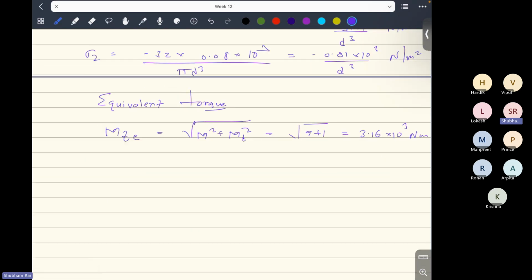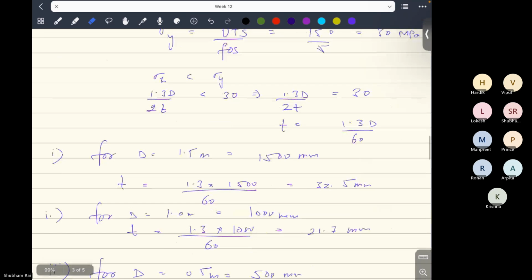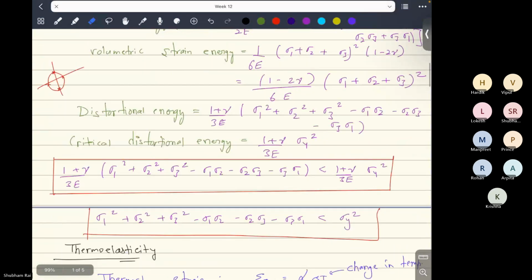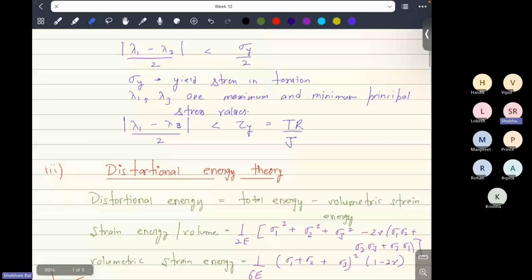So finally, tau max that you will get from this torque formula is 16 MTe by pi d cube, right? Because it is derived from the formula T by J equals tau by R. If you remember the formula of tau max in terms of torque, R will be d by 2, J will be the polar moment of inertia, which is twice pi d4 by 64.